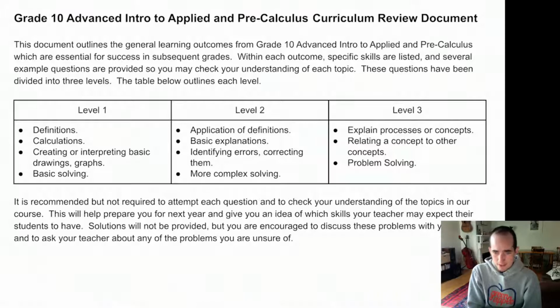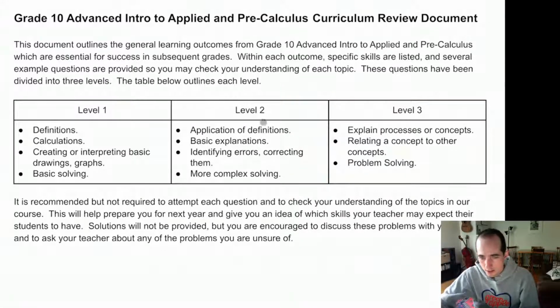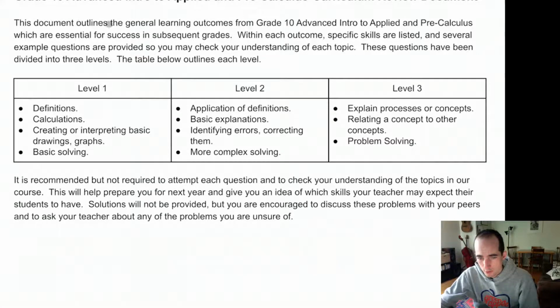Okay, so this is the Grade 10 Advanced Intro to Applied and Pre-Calculus Curriculum Review document. So this differs a little bit from the non-advanced, just the general program, mostly just in terms of the content on here. So it kind of just goes over the general learning outcomes from our program.